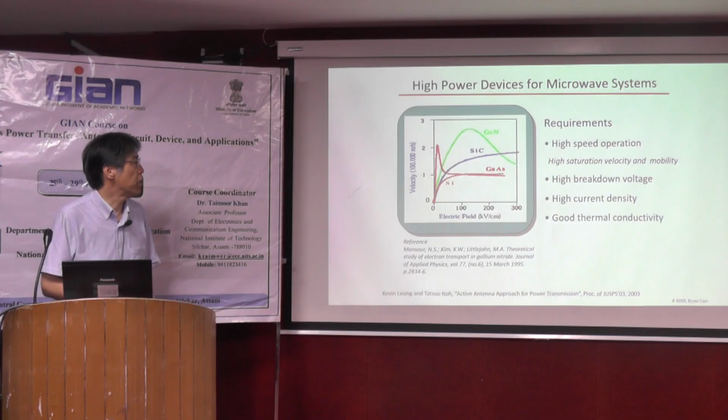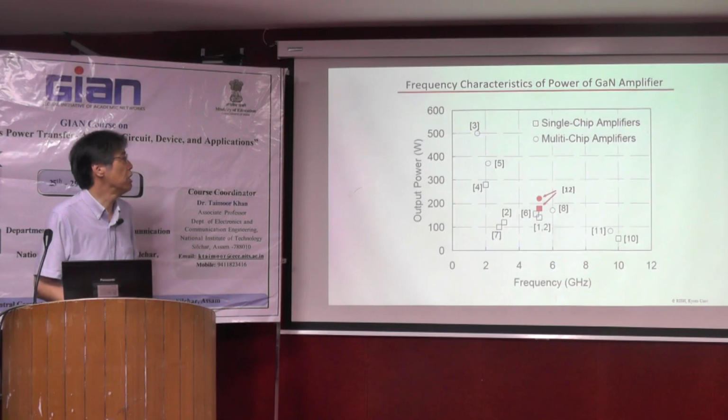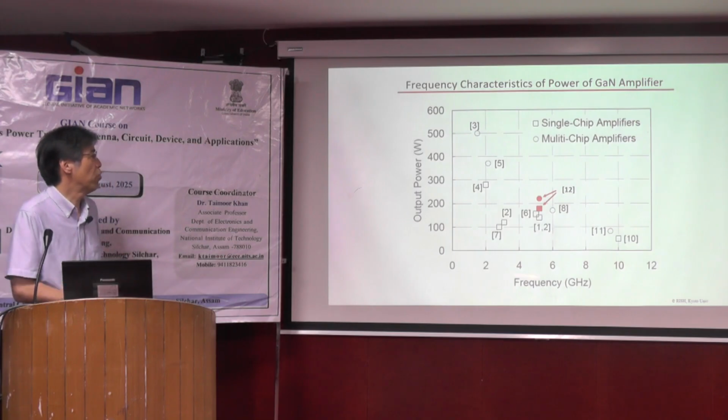And recently, in microwave wireless power transfer research, there are a lot of good amplifier designs, mainly with gallium nitride. One of my students checked old journal papers on gallium nitride amplifiers and made this figure.